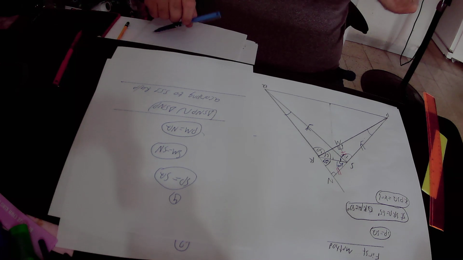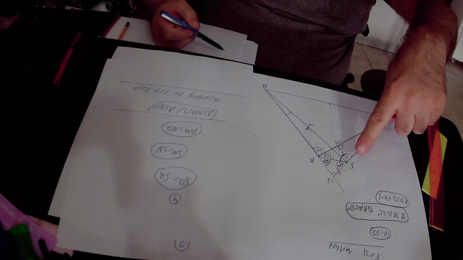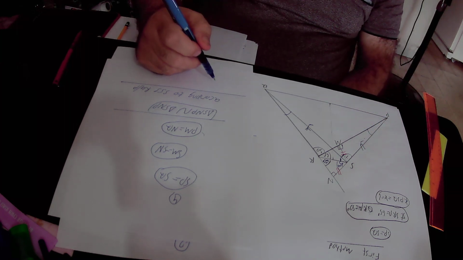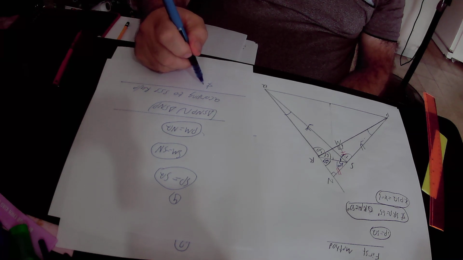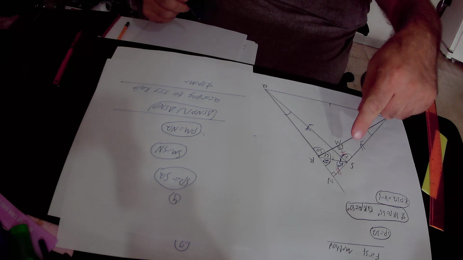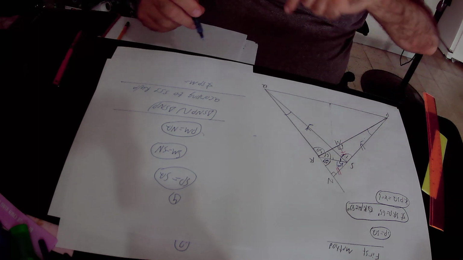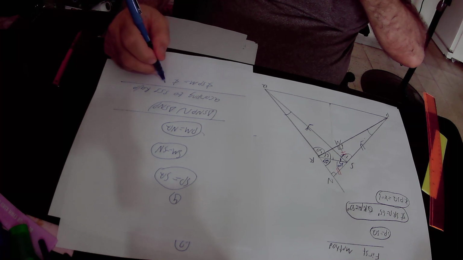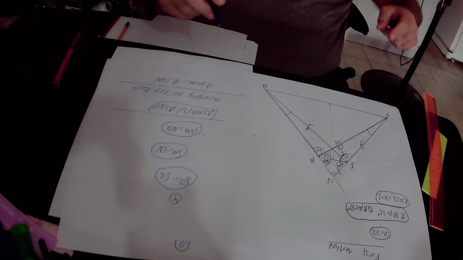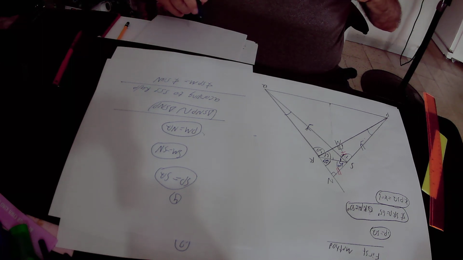That is to say, angle SPM of triangle SPM is equal to angle SQN of triangle SQN, according to the rule that corresponding angles in congruent triangles are equal to each other.